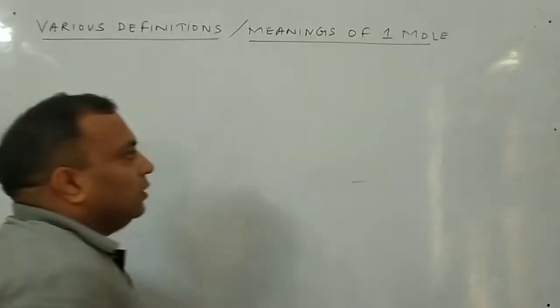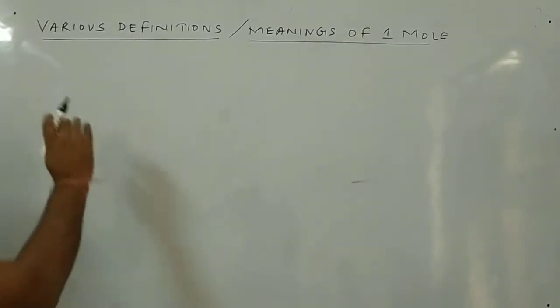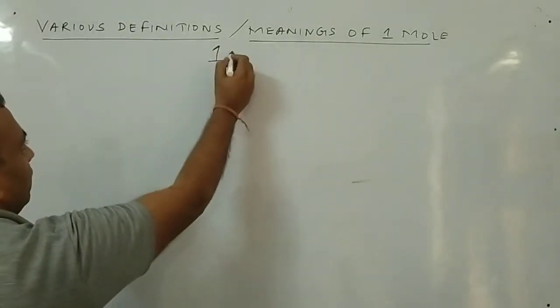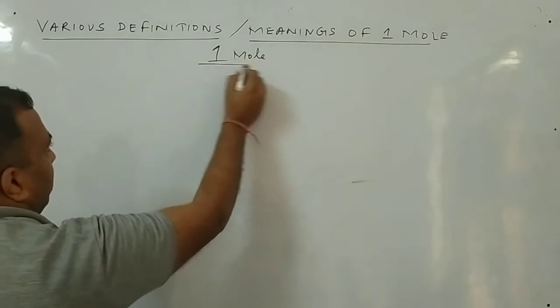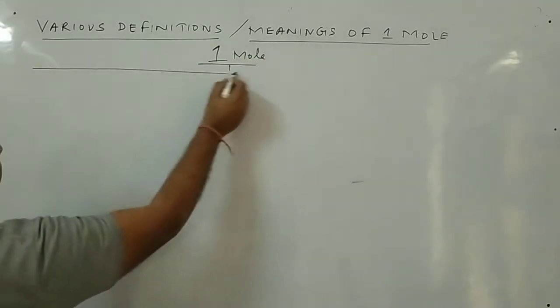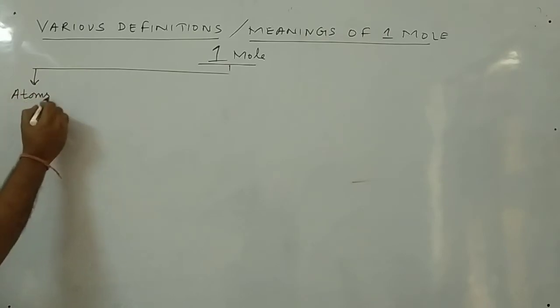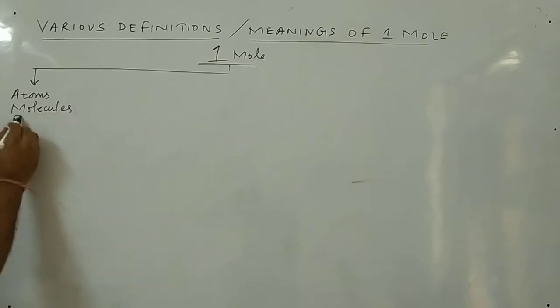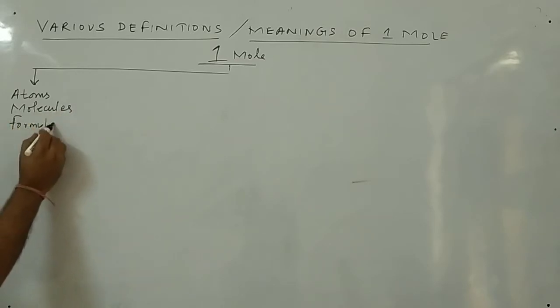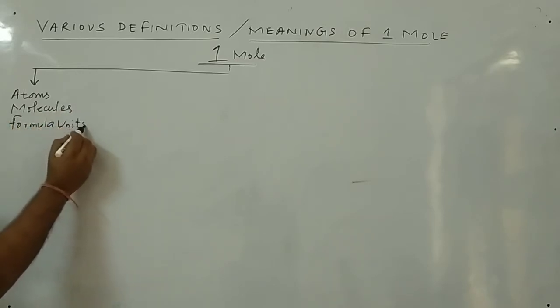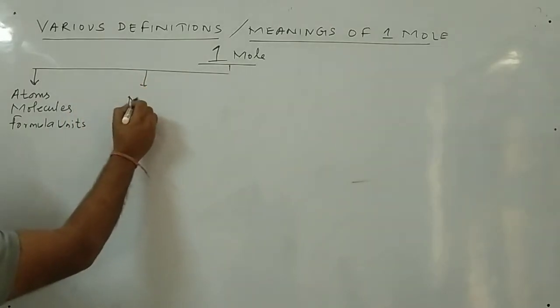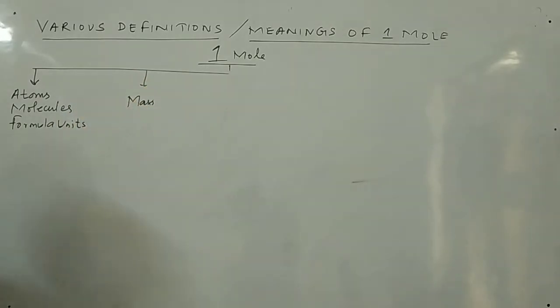This is the main part now. We will study the meaning of one mole first in case of atoms, molecules, formula units. Second, we will do in case of mass.